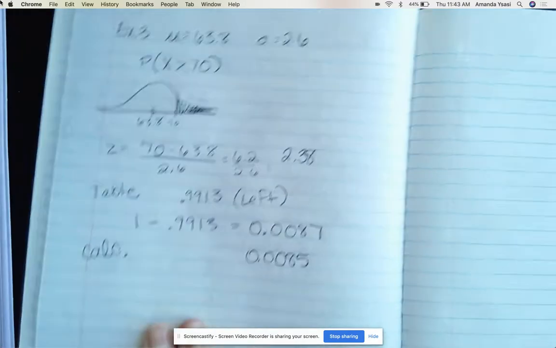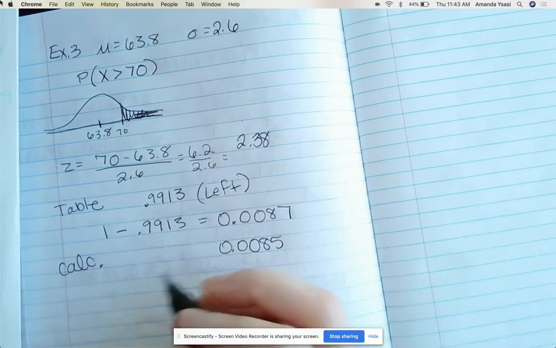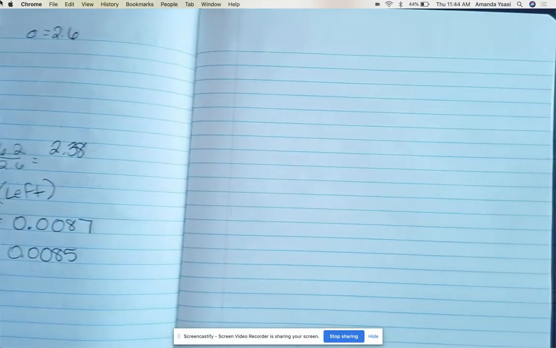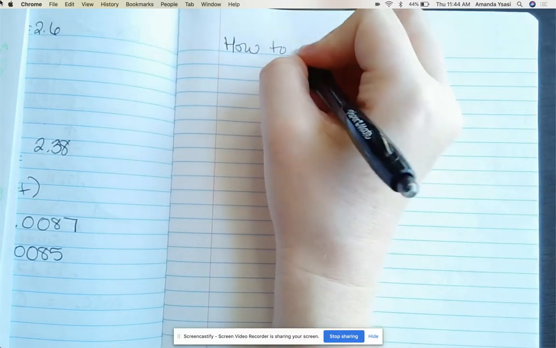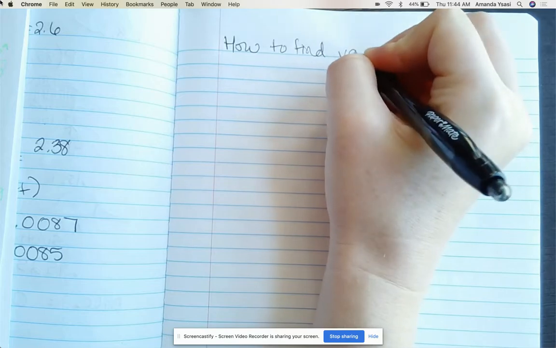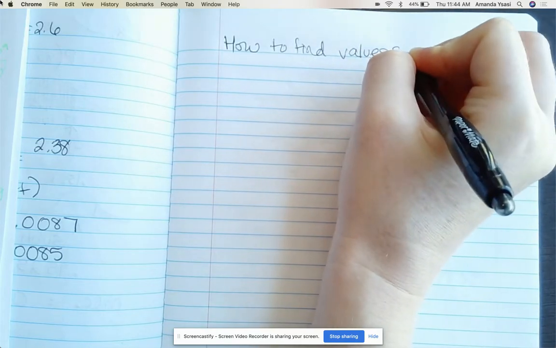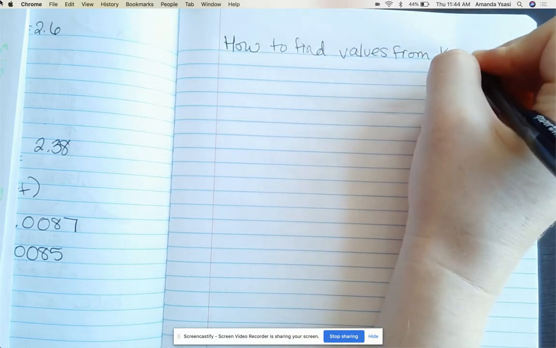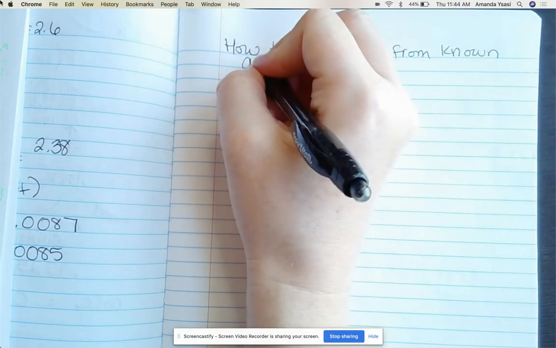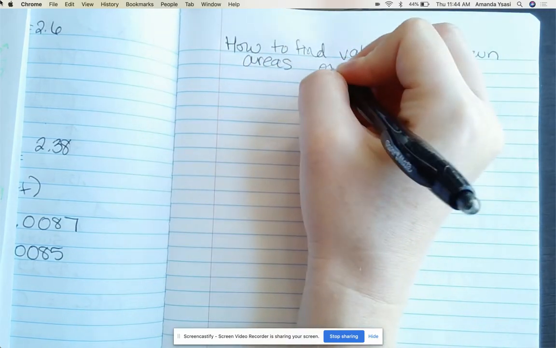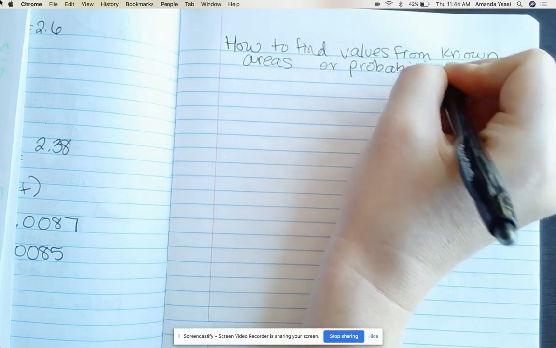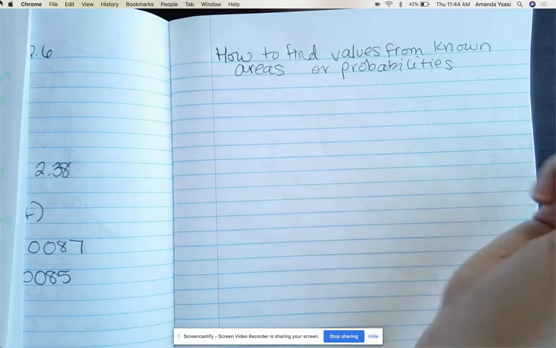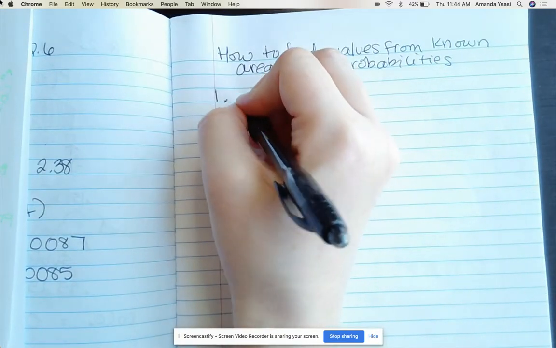So this is when we use the inverse. So how to find values from known areas or probabilities. So the first thing you want to do is draw that normal curve.